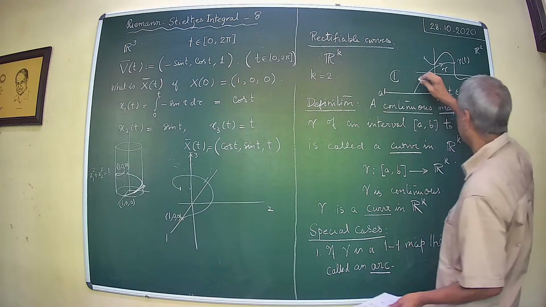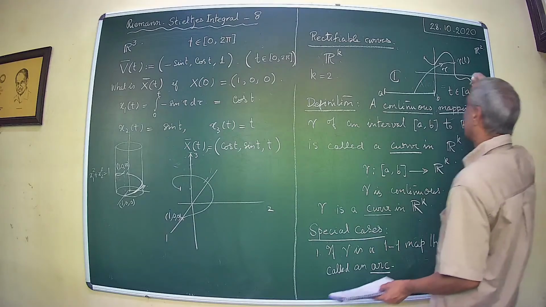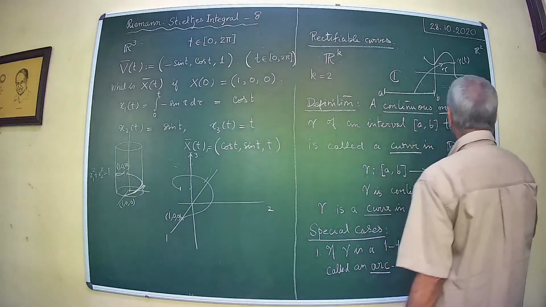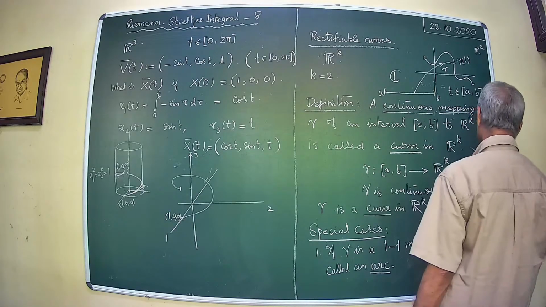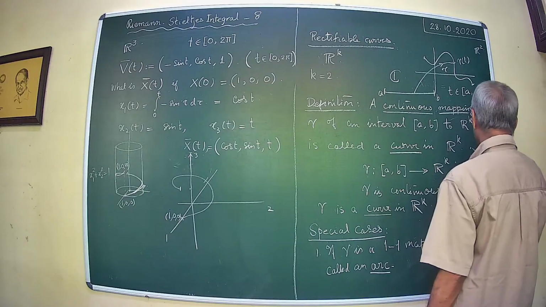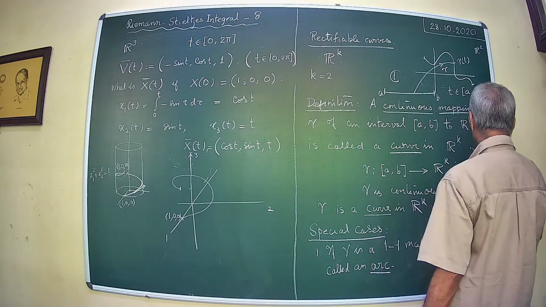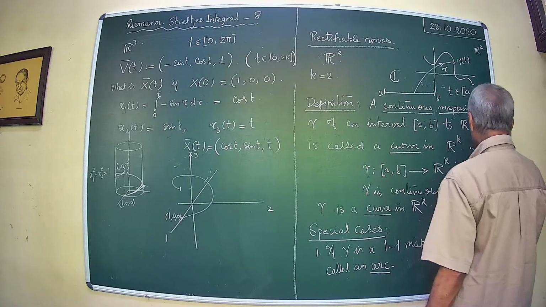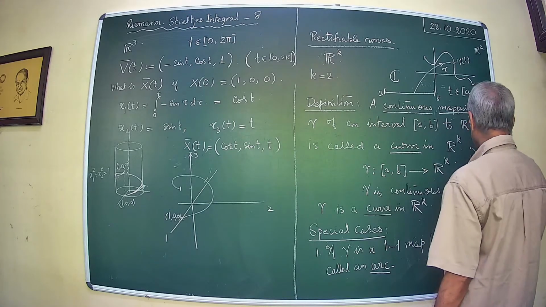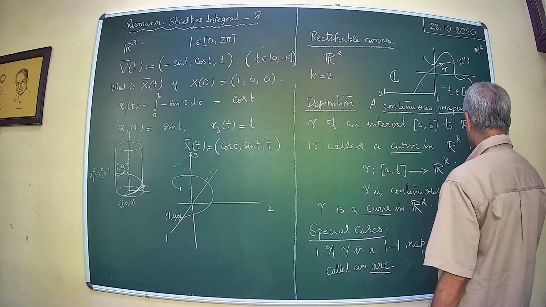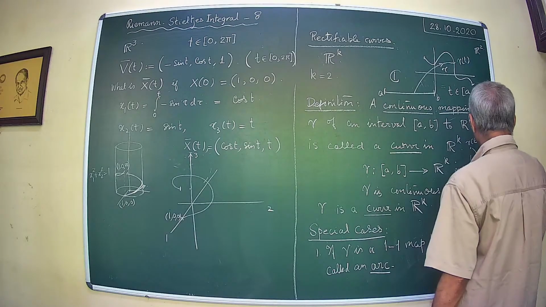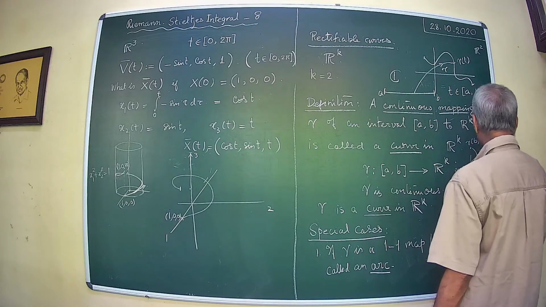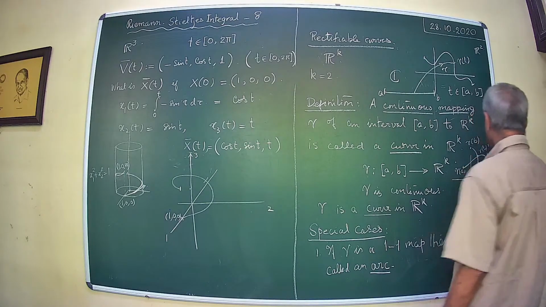So here we take gamma is one-to-one, which in turn means that you don't have a situation like this. If you are considering this as gamma, what happens is that at two times t1 and t2, with gamma(a) and gamma(b) as the endpoints, this point corresponds to gamma(t1) equal to gamma(t2), t1 not equal to t2.